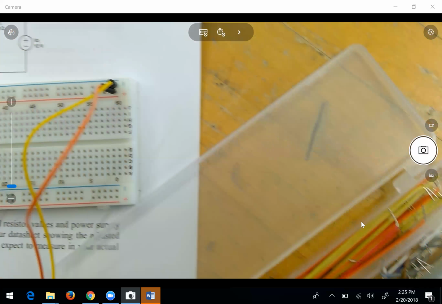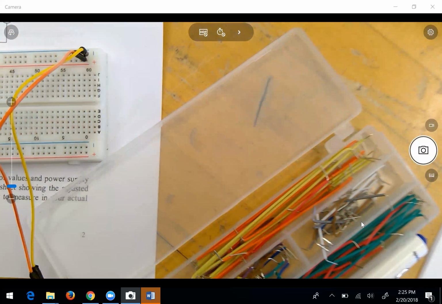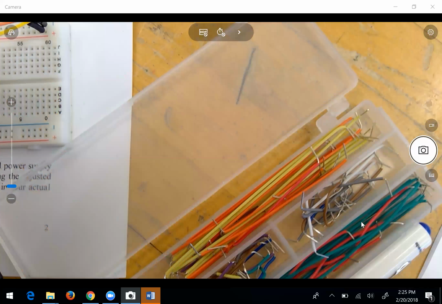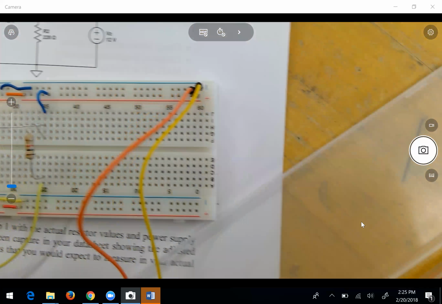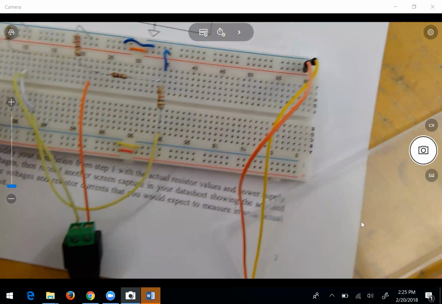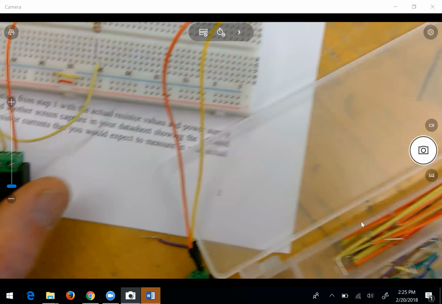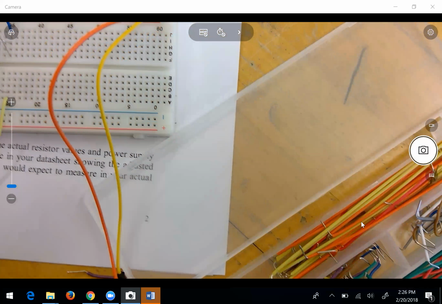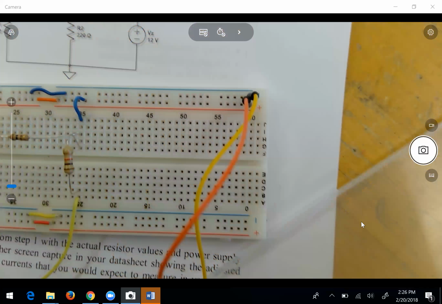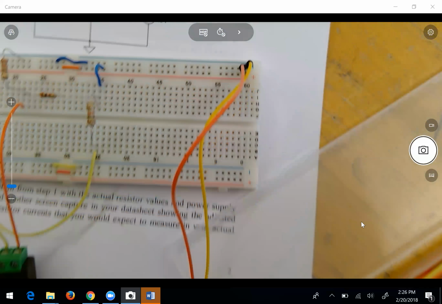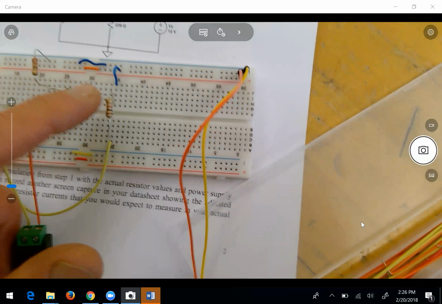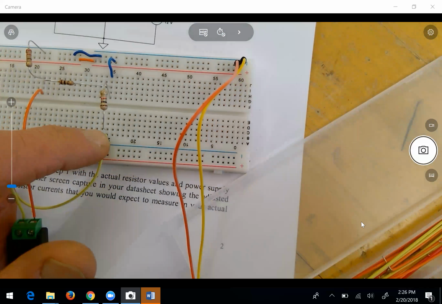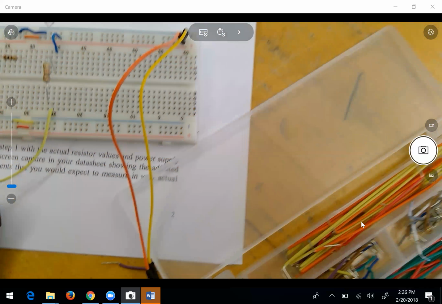It'd be good to actually use a dark color for ground, but that's okay. So that's this source going plus 12 to ground. And then you have R4, which is 1K going back to node 1 with this wire.